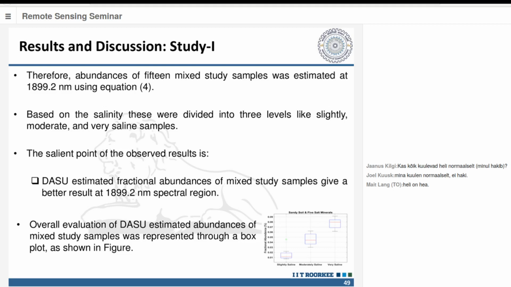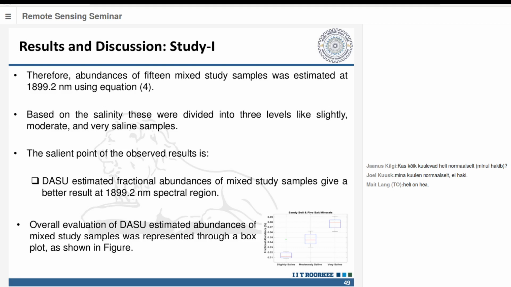So, based on our previous results, the 1899.2 nanometer wavelength region was used to estimate the fractional abundances using equation 4. And based on the salinity, these were divided into 3 levels: slightly, moderate, and very saline samples. The salient point of the observed result is that DASU estimated fractional abundances of mixed study samples give a better result at the 1899.2 nanometer spectral region.